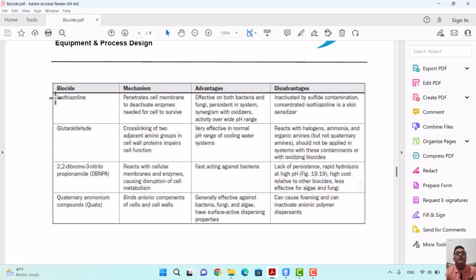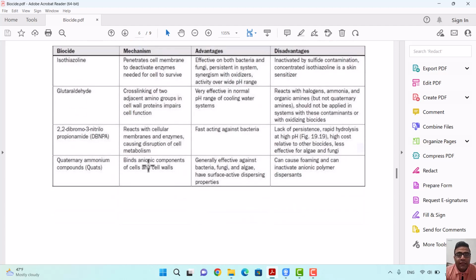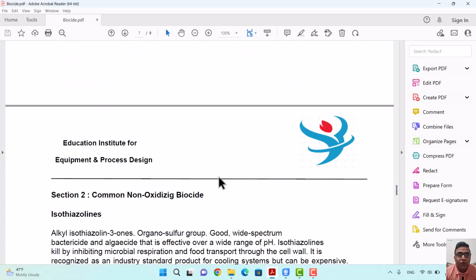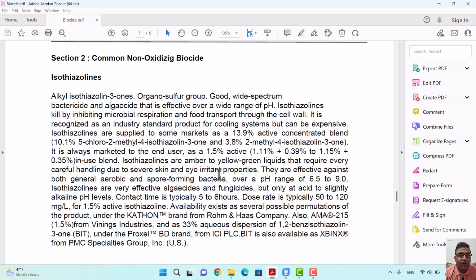But I haven't talked about their groups, the way they are formulated and supplied to the market, and the suppliers of those non-oxidizing biocides in the international market, and a lot more. I'm going to start with isothiazolines.